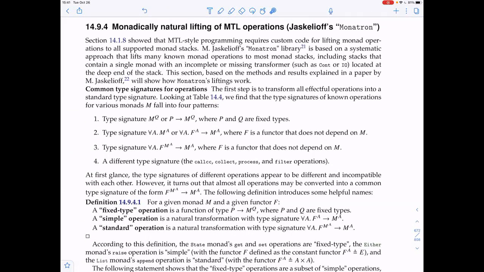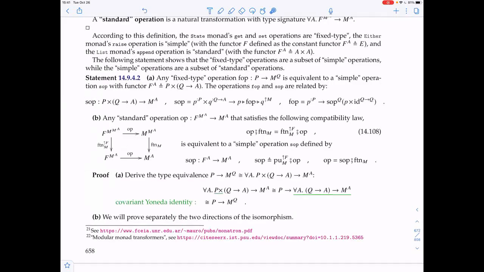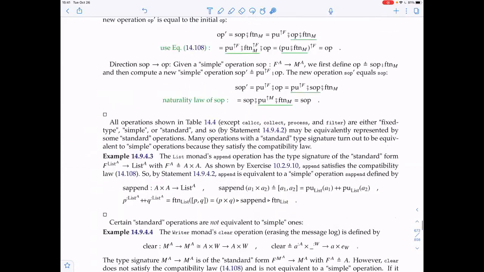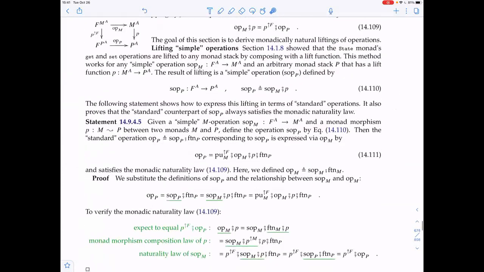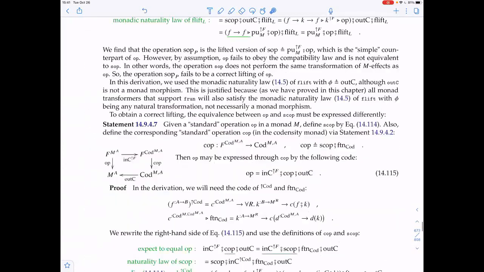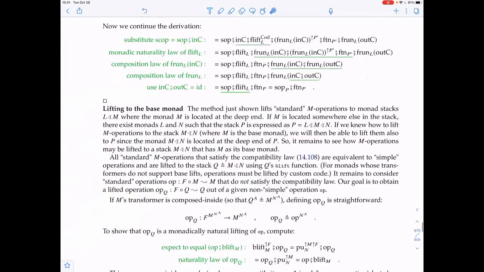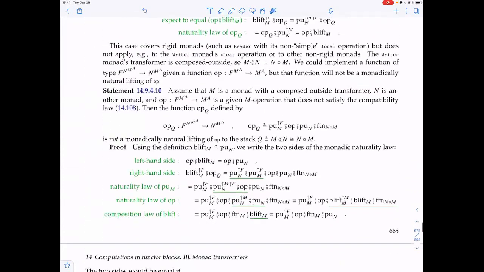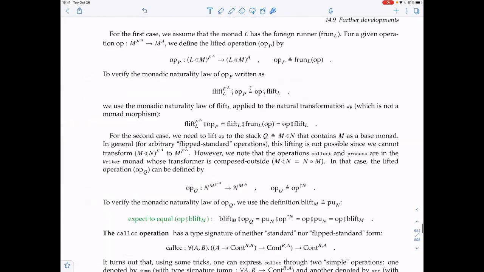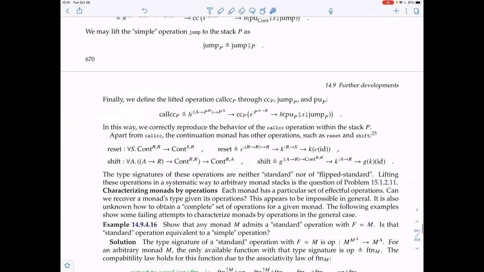Then there is a long section about the lifting of MTL operations, where I take these papers here, and I prove the statements that are in these papers. So most of that material is just in these papers, but I added a few extra proofs. And anyway, that shows you how to lift a large class of operations MTL style, but certainly this is very advanced material that I would not try to explain in this talk.